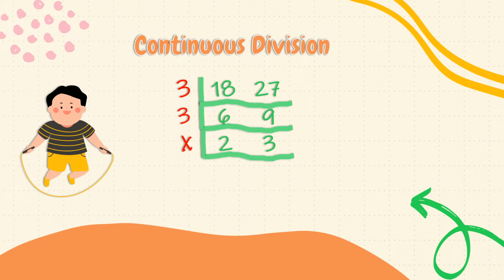So we stop there. So the GCF of 18 and 27 is 9. Did you get 9? I hope so!